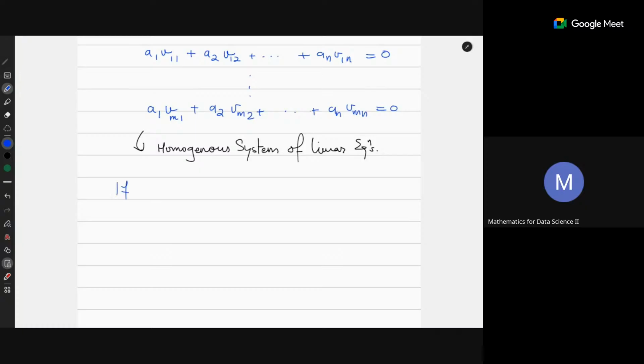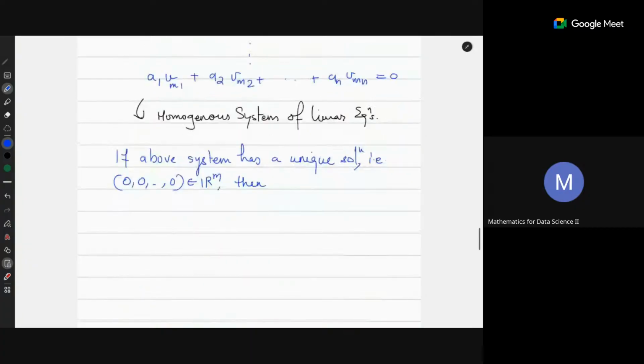So if the above system has a unique solution, that is the 0, 0, 0 vector in Rm, then the vectors v1 to vn are linearly independent.